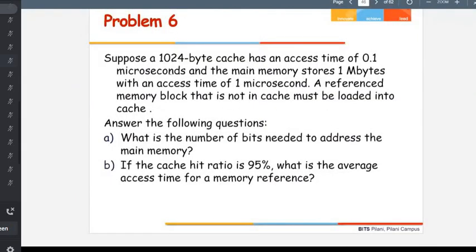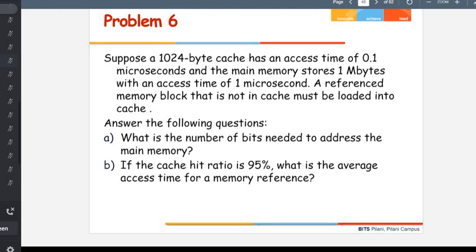The main memory access time is 1 microsecond. The cache access time is 0.1 microsecond, which makes sense because cache access is way faster than main memory access. That is why cache is used in the first place, to improve the performance and decrease the access time.